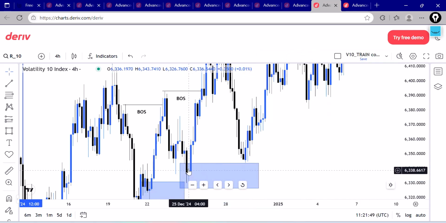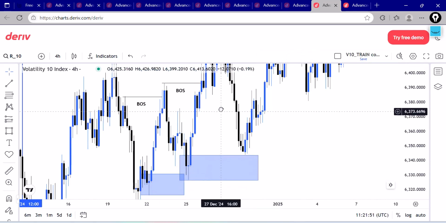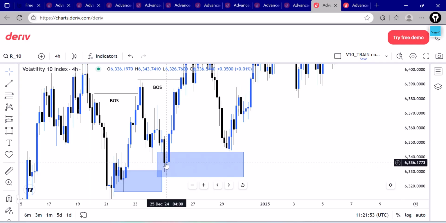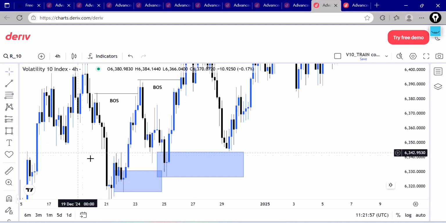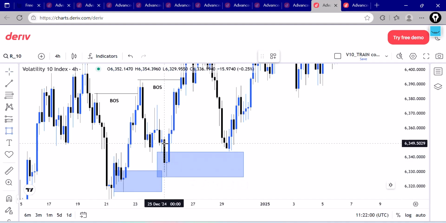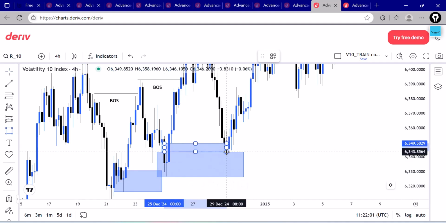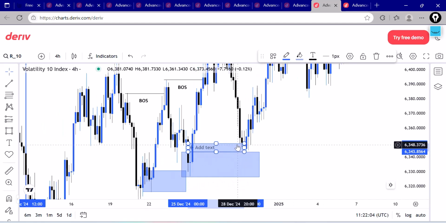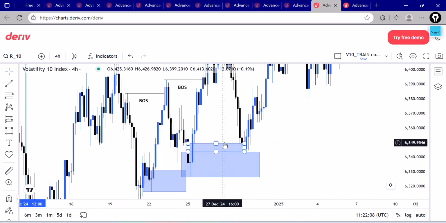So remember, this is the candle that caused the break of structure to the upside. This is that candle. So, 1, 2, 3 candles. That gap between them is what we call market inefficiency or imbalance, price inefficiency.